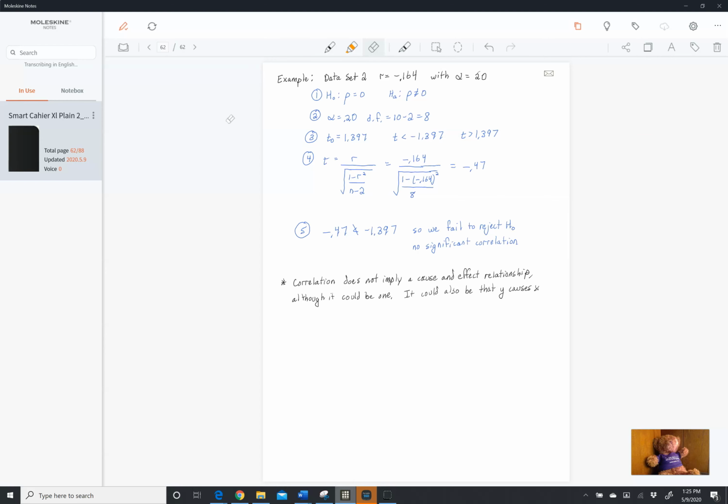Okay. Maybe there's some sort of third variable. That's like the number of drownings and the number of ice cream cones eaten, where the third variable is the time of year. And it could be something that we do or don't know about.